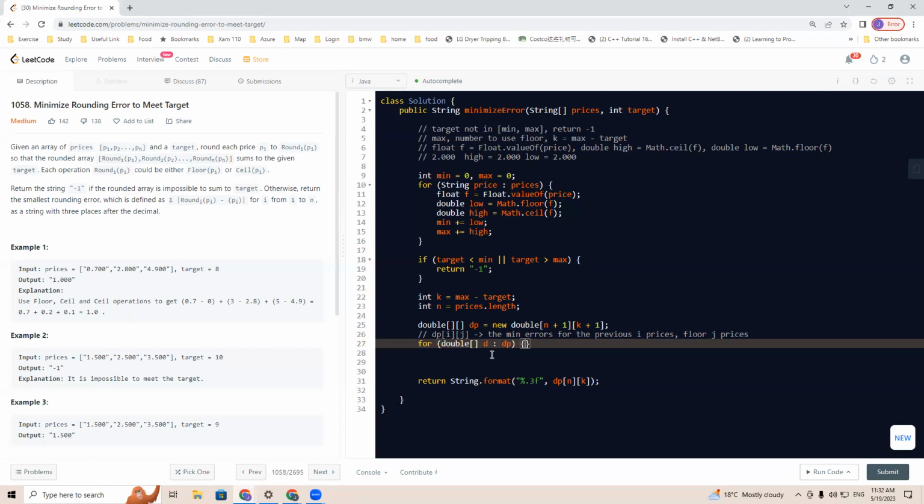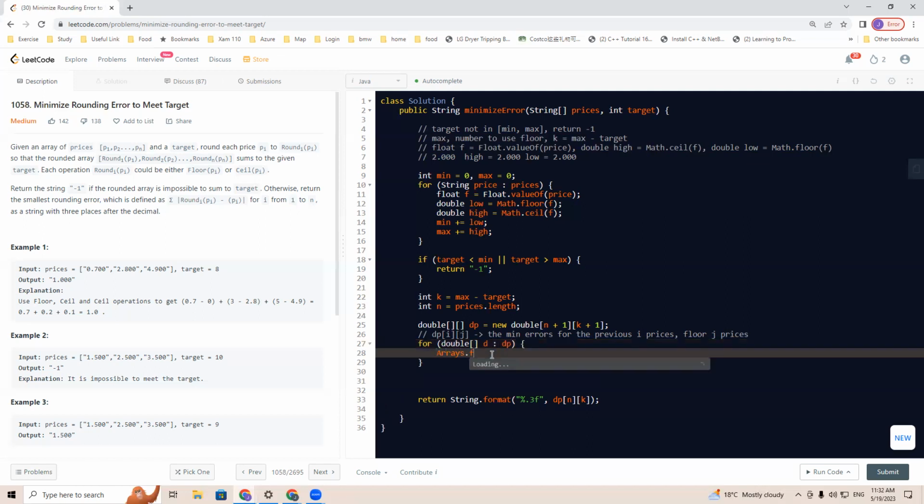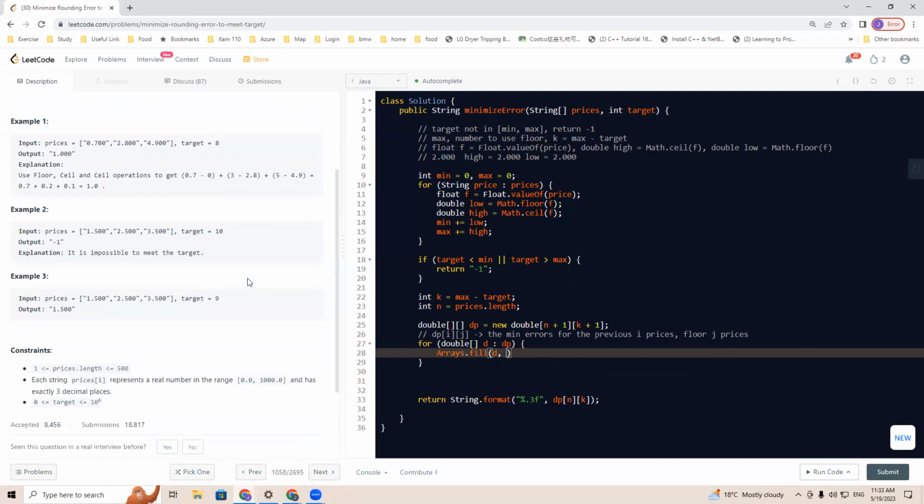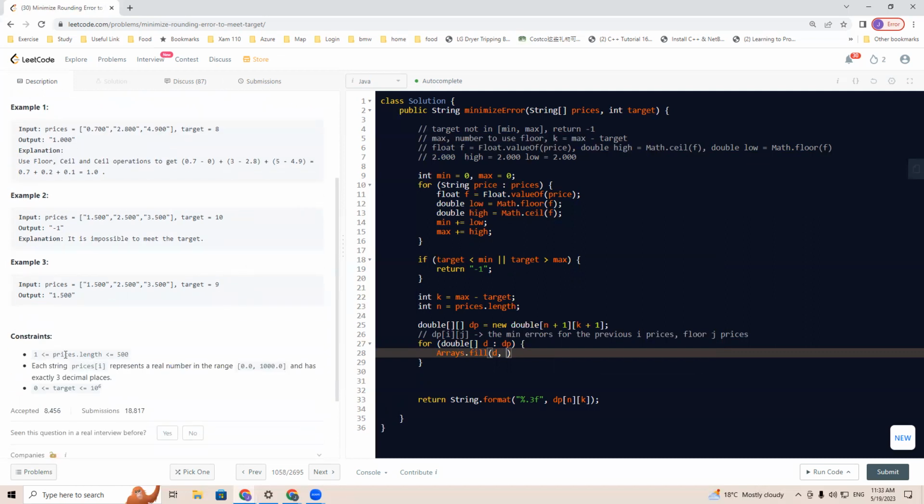We know the maximum; this price is positive, so we know this diff will not be more than max.